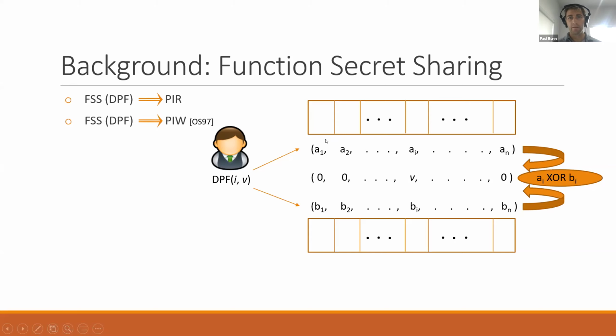And now instead of doing a dot product, each database server just directly XORs their evaluation point into their database. And now both databases will have been updated, and if you look at those updates, they will cancel everywhere except in the key position i, where they've been updated by the update value v.